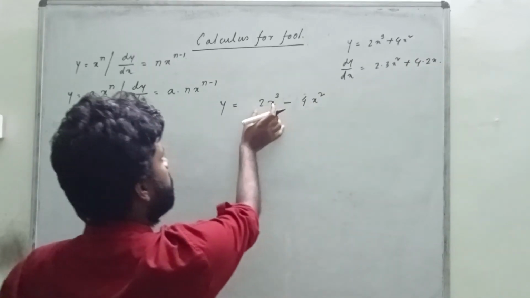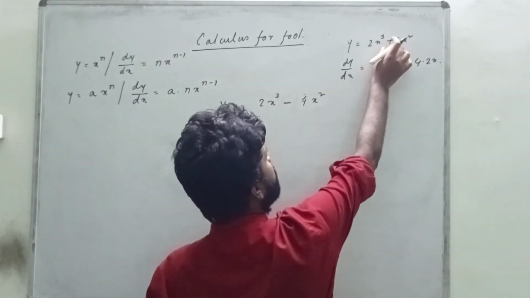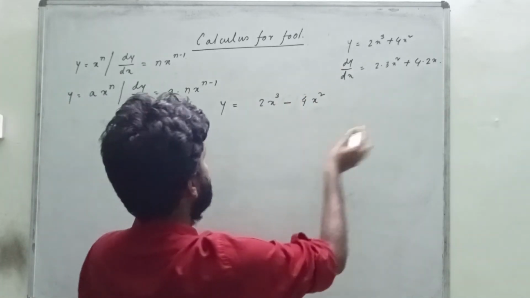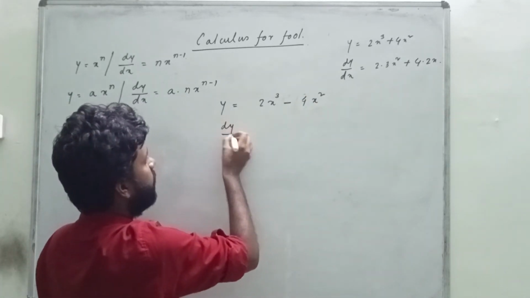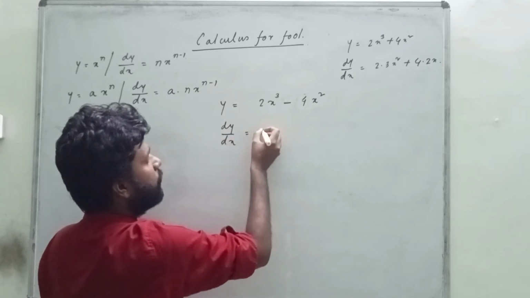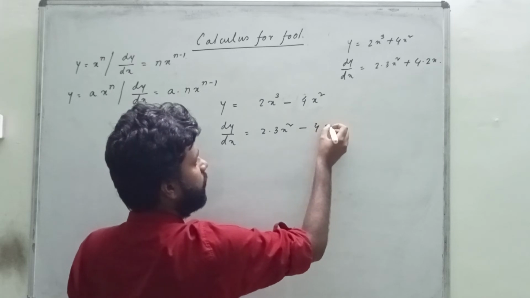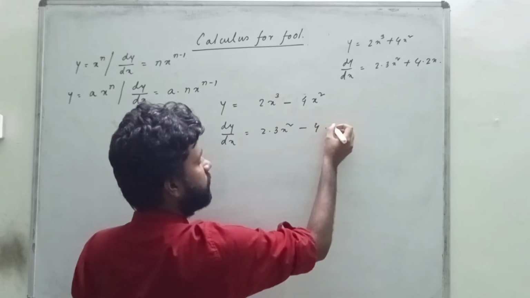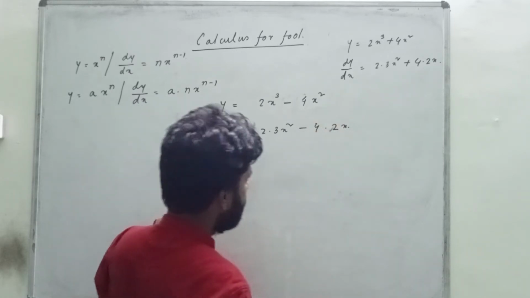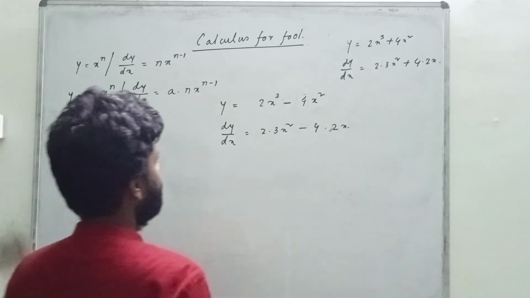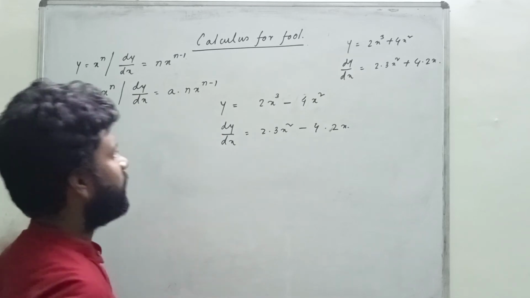And then if instead of the plus sign, I plug in the minus sign here, same result, but dy dx goes to 2 into 3x squared minus 4 into 2x, right? Okay. So now it is a very simple thing.